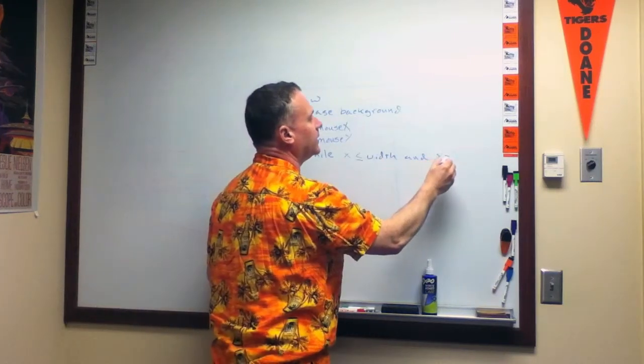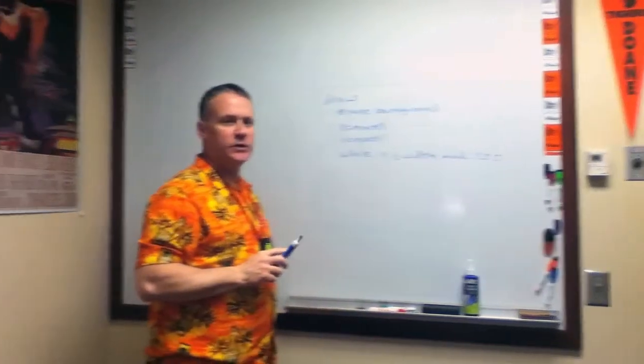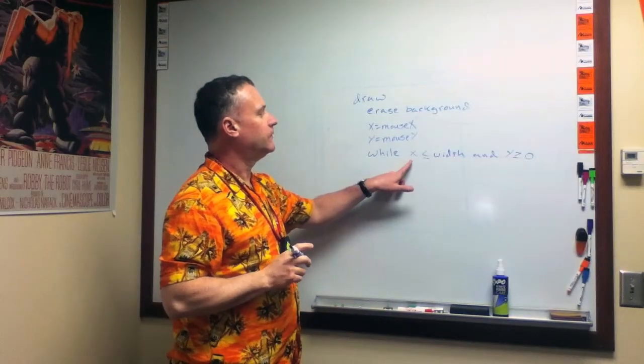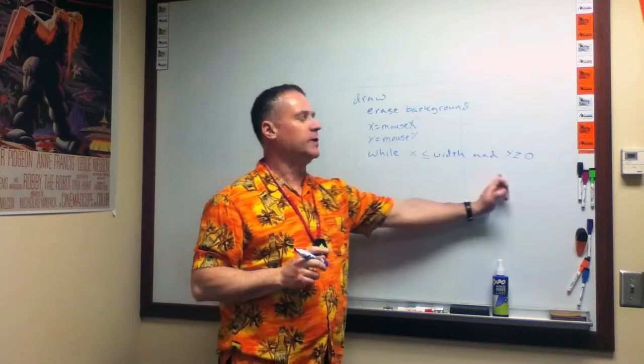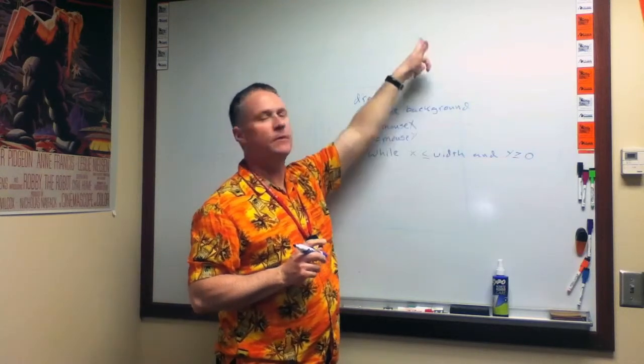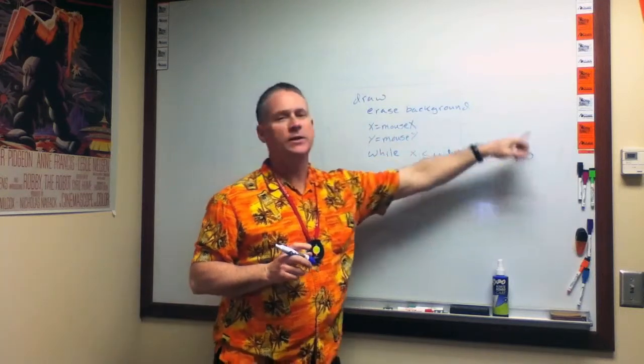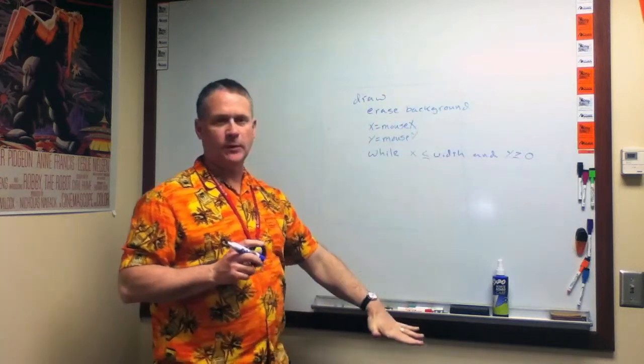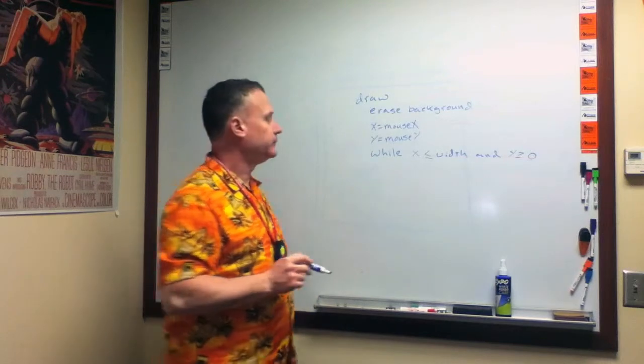So y greater than or equal to 0. So if either one of those becomes false, so the x variable moves beyond the right-hand side of the screen, or the y variable moves beyond the top of the screen, that will cause that whole condition to be false, and then we'll skip the loop, and that'll be it for draw.